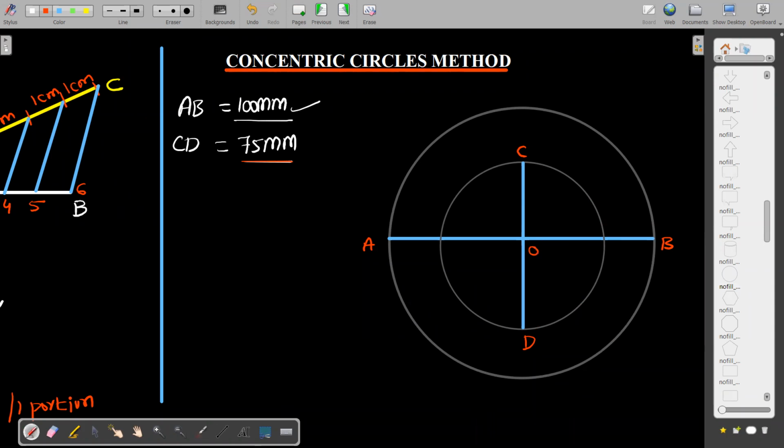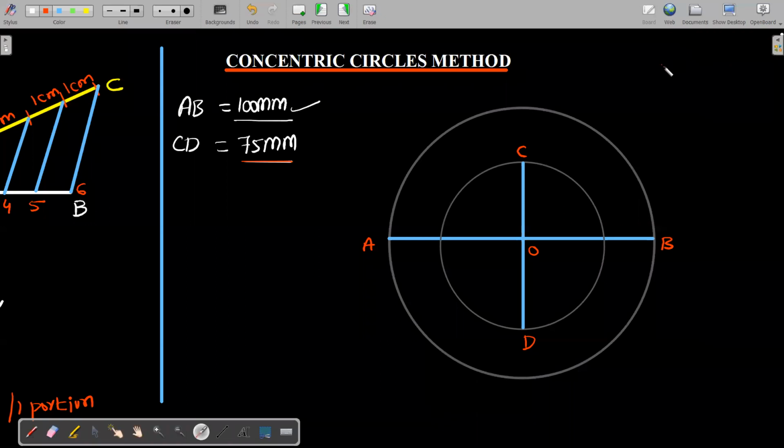It is done. So what we should do is divide the circle into some number of divisions. How many shall we make? Okay, let's make 8.